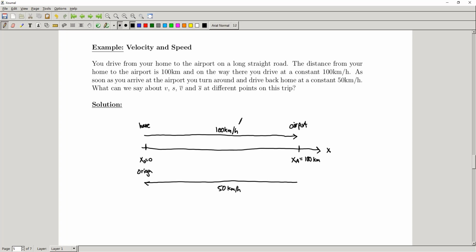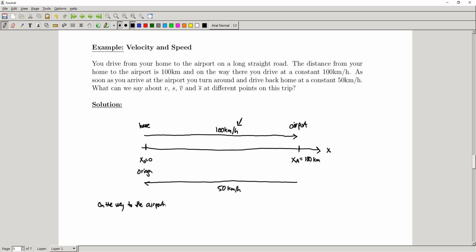I'll divide this up into a few different categories.